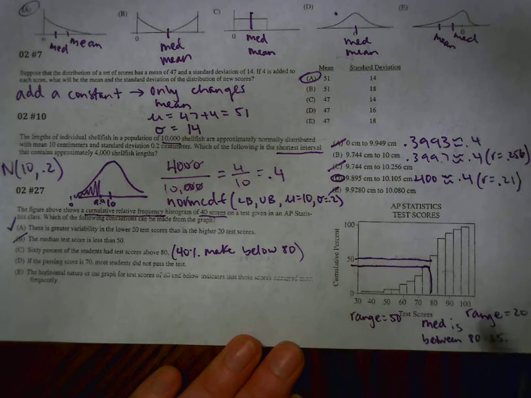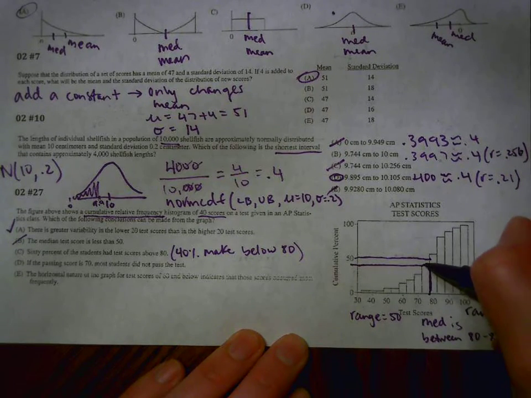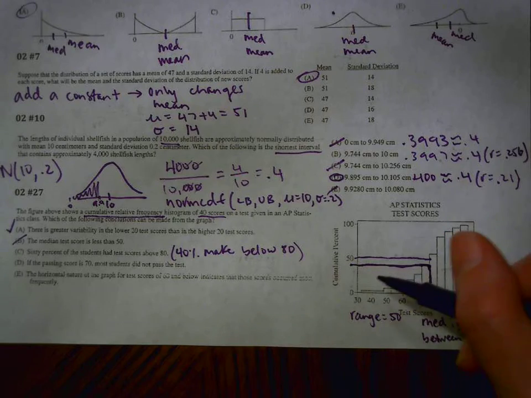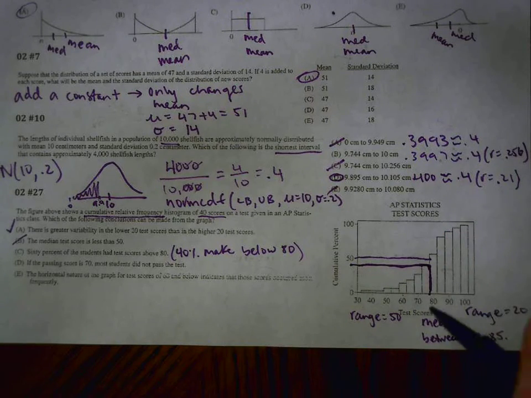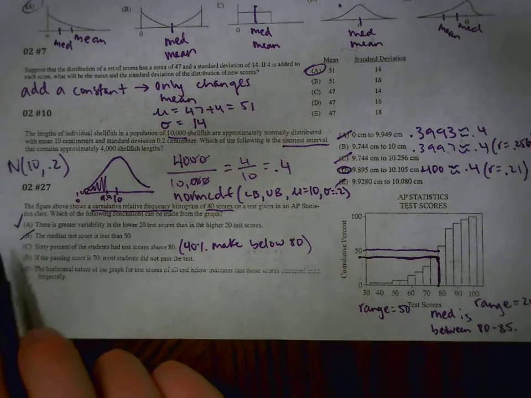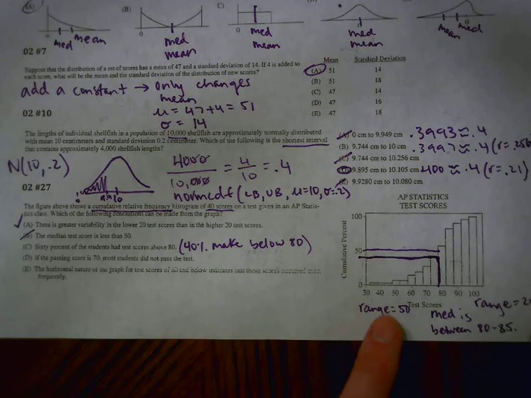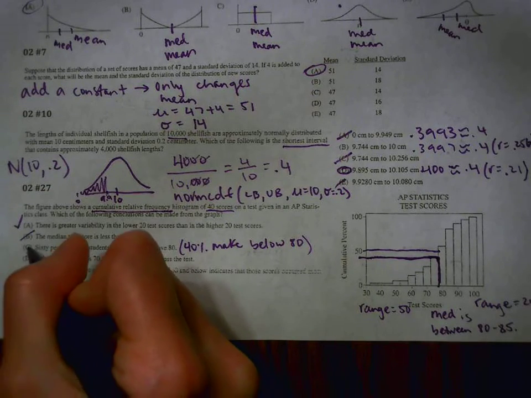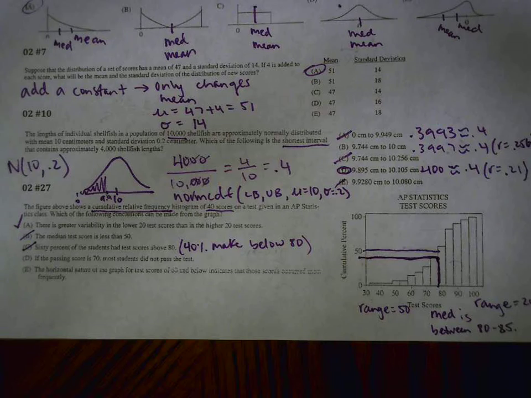Make below 80, because below 80 would be whatever this percentile is. And that looks like it could be 40, but it could also not. It could be 41, and we're just not quite sure about that one. So if it was the best answer, you would pick it, but so far A is the best answer because that is very clear. This one's not quite as clear. So even though that's an option, A is a better choice.